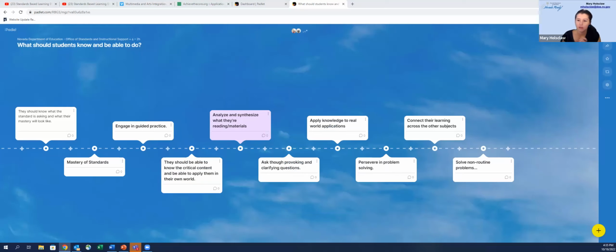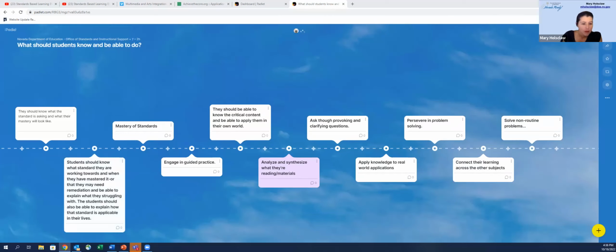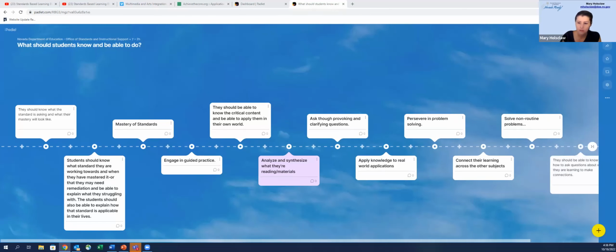Agreed, Janie. Sorry, I had my non-office helpers causing a ruckus behind me. So we've got know what the standards they are working towards when they have mastered it, engage in guided practices, analyze and synthesize what they're reading, materials, apply knowledge to real world applications, connect their learning across the other subjects. Yes. Persevere in problem solving, ask thought-provoking and clarifying questions.